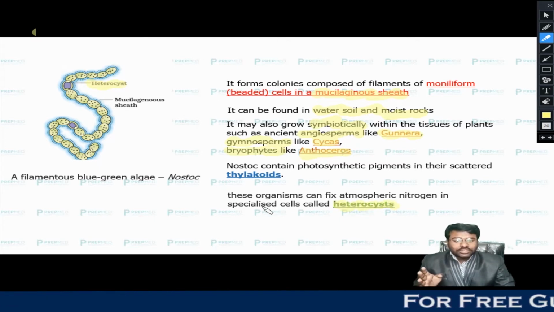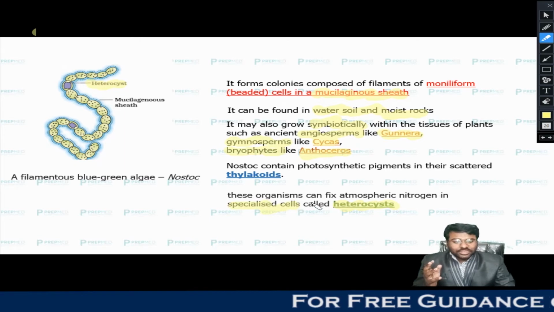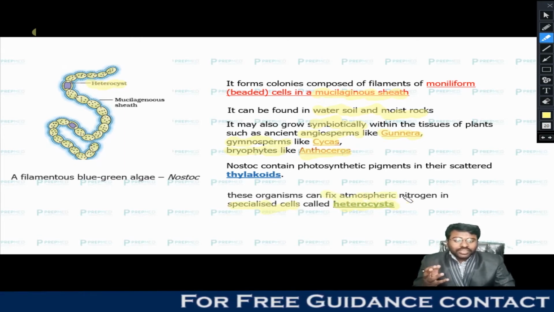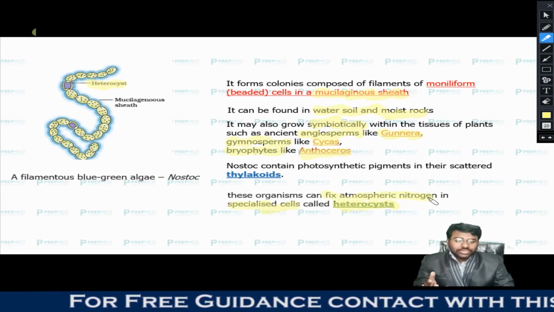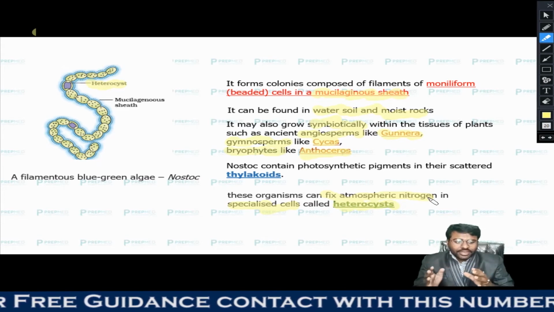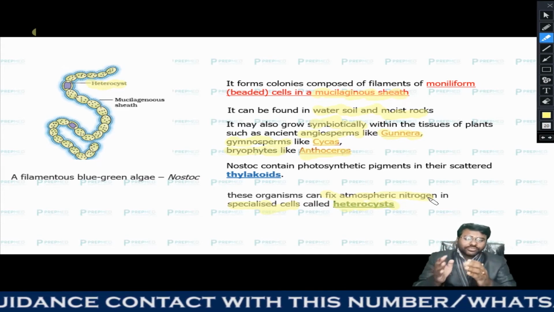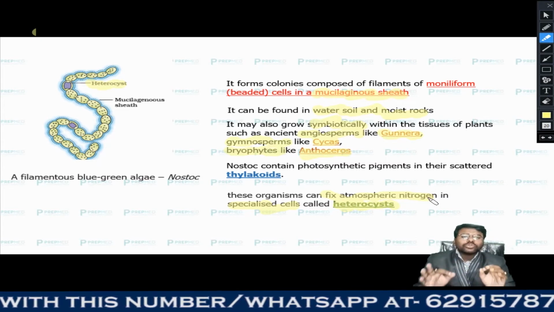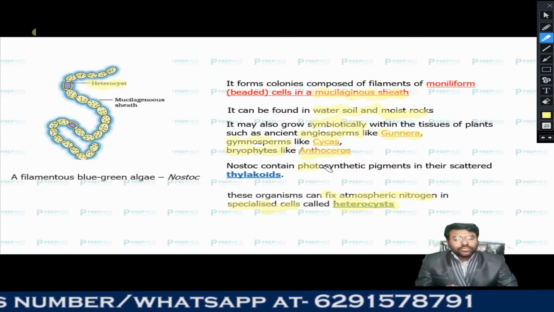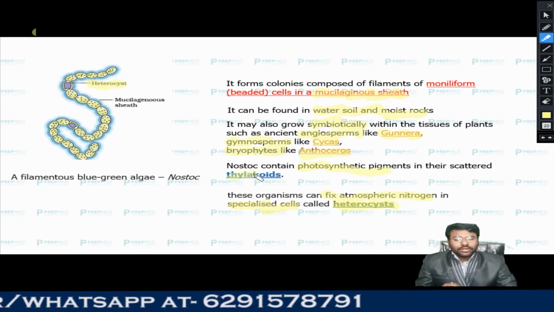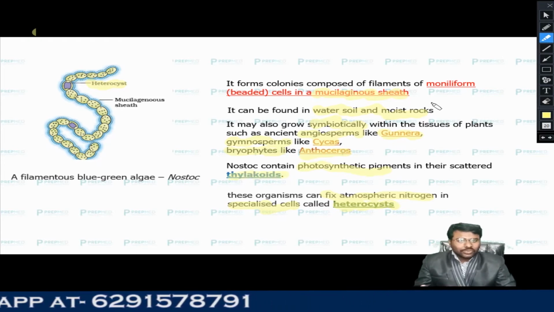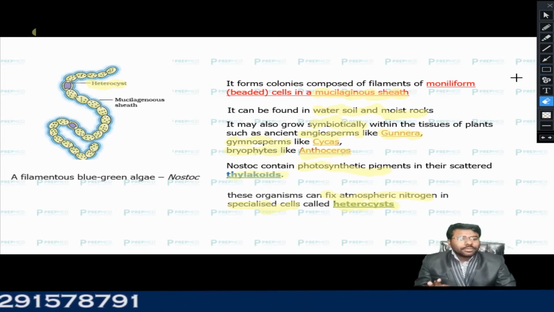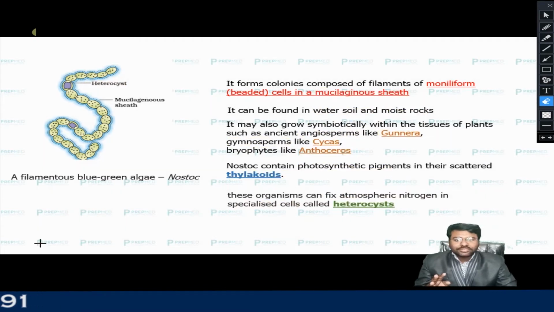It is actually a specialized cell which is used to fix atmospheric nitrogen. The heterocyte fixes atmospheric nitrogen. It's not any part of photosynthesis. So the photosynthetic pigments are present in the thylakoids. Okay, so these are the most important points discussed regarding the blue-green algae.